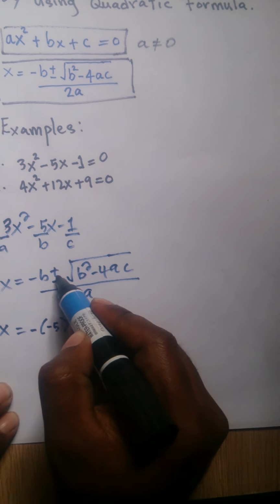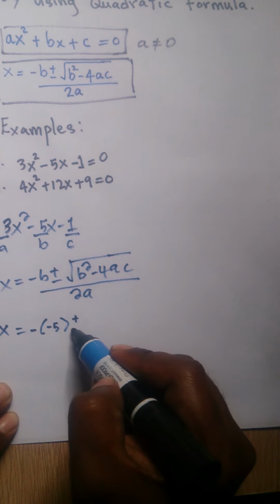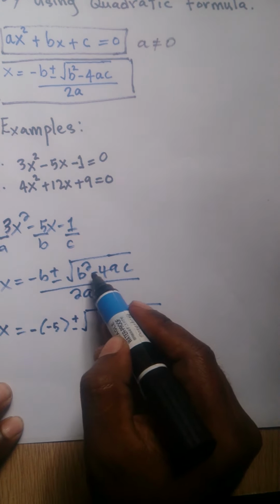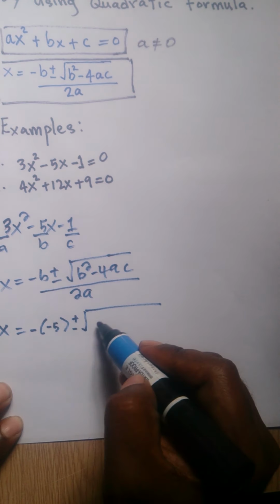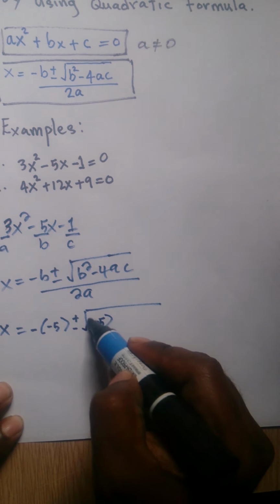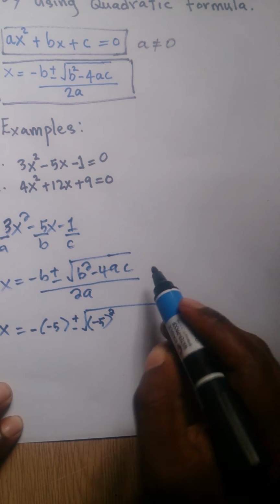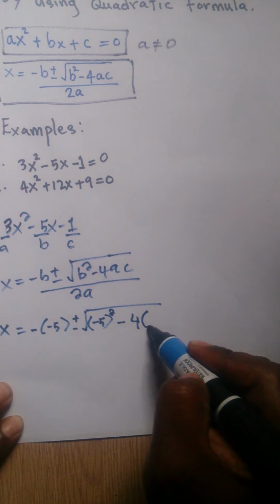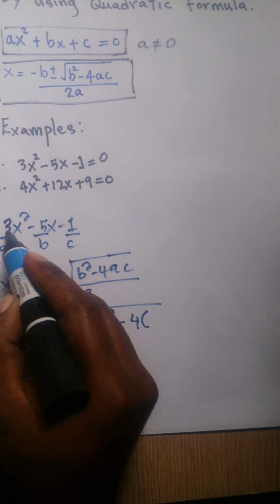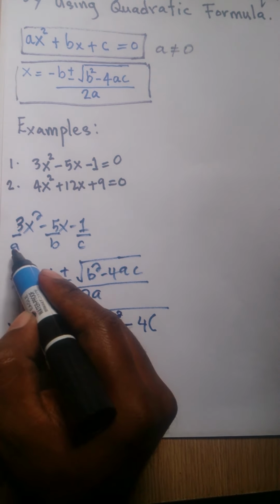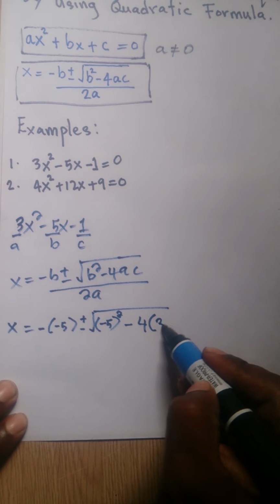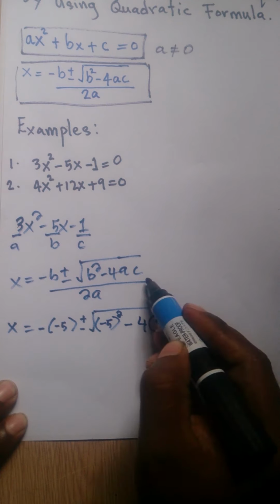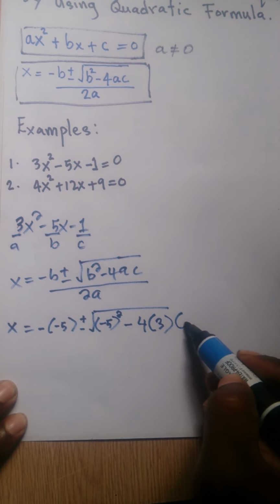We put the sign plus or minus. Next, put the square root sign. We have b squared, and our b is negative 5, so it's negative 5 squared, minus 4. Our a is 3, so we put 3 here. Next is c, which is negative 1.